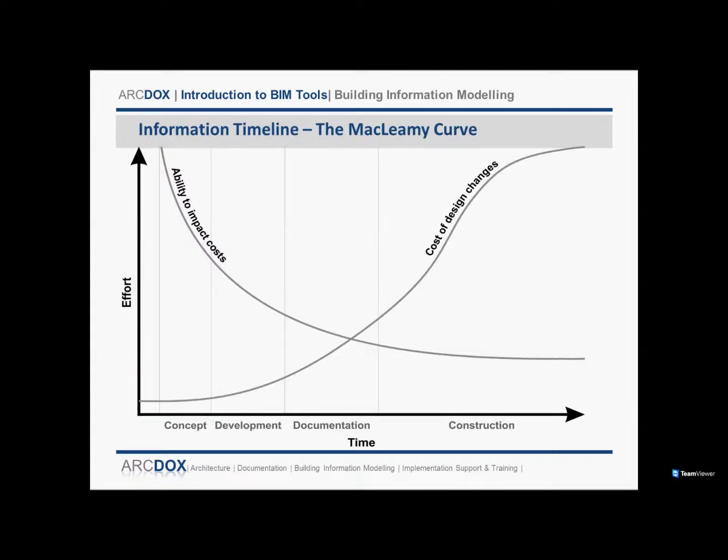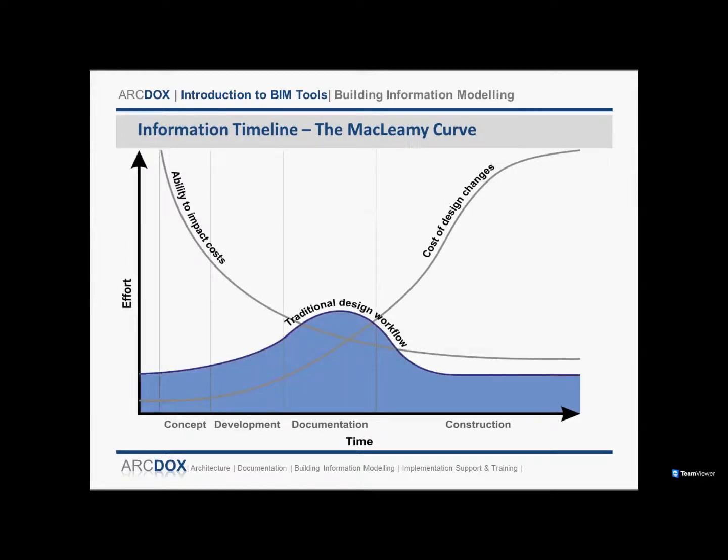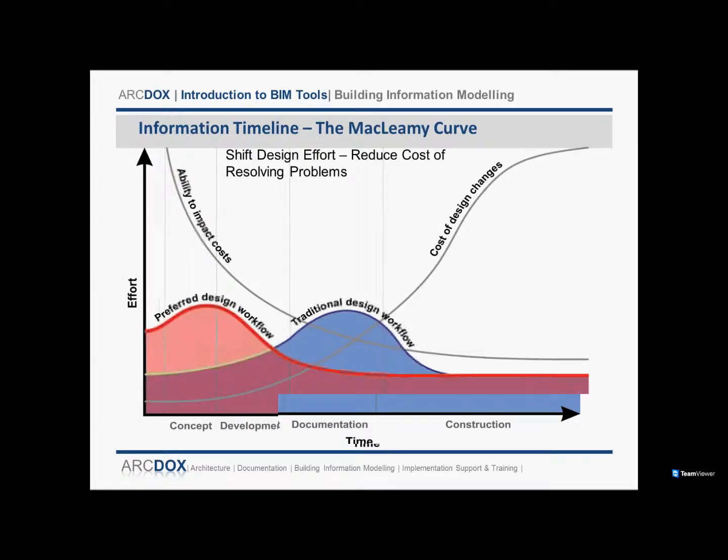The cost of design changes obviously increases as the whole process develops, and in the traditional design workflow, all the information is needed around documentation and tender stage, or as much as can be done at that stage. But people involved in BIM are looking to get more of the work done at the start, at the actual design stage.